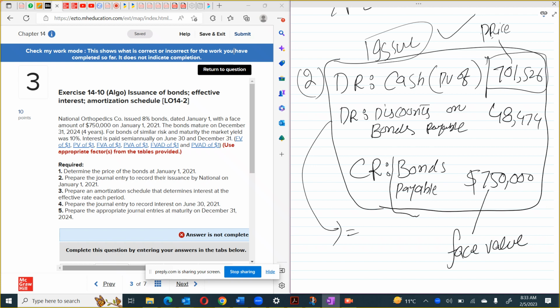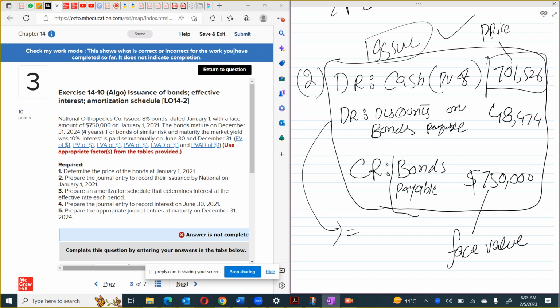Okay. If we go to the homework, you can solve the straight line method question first. The question was number 5.